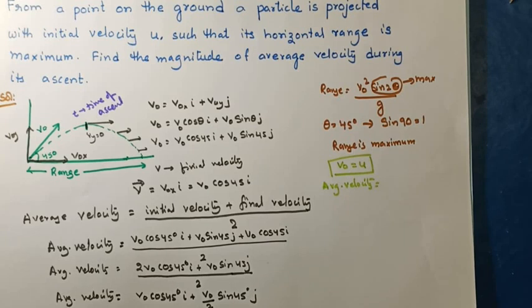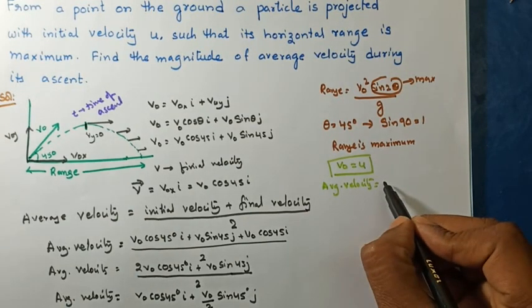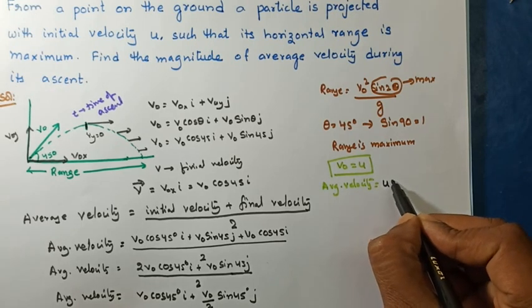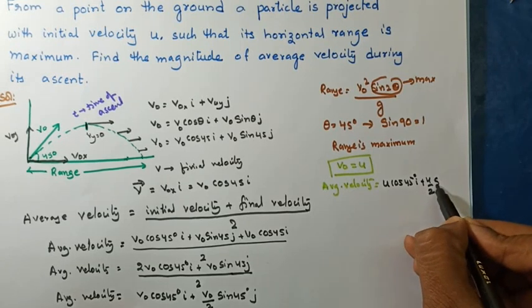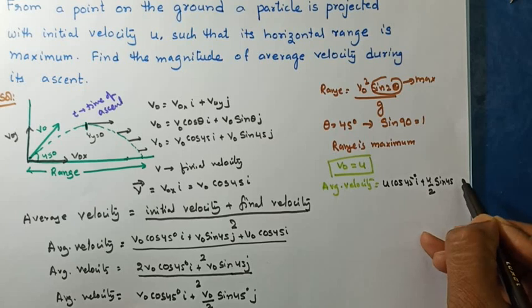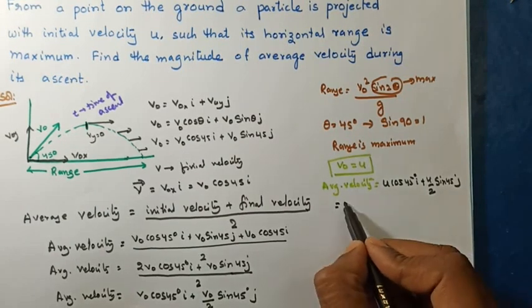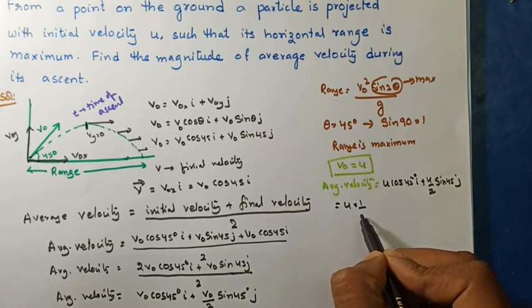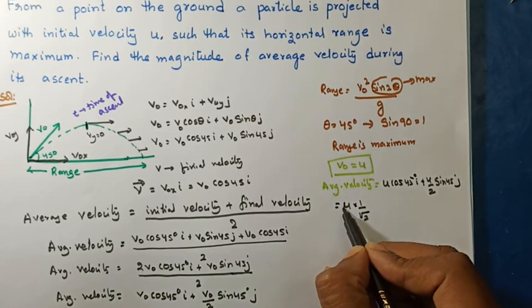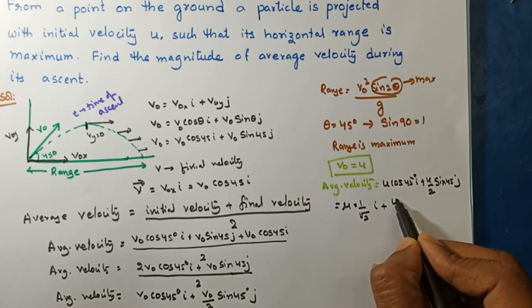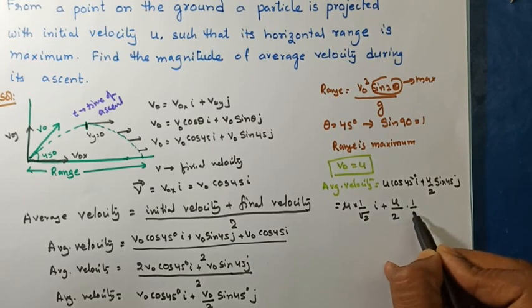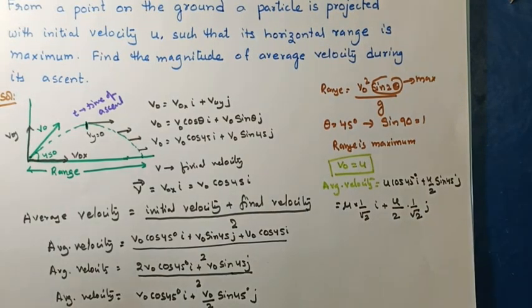Simply we will write it as u cos 45 i plus u by 2 sin 45 j, which equals u cos 45, which is 1 by root 2, i plus u by 2 sin 45, which is 1 by root 2, j. This is called the simple velocity vector, the average velocity vector.